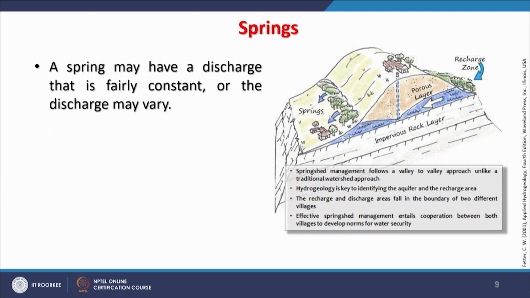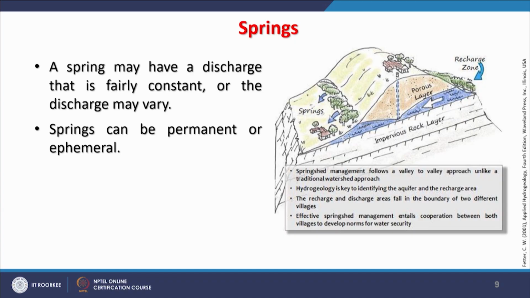of course are there. So, as said, springs will have one recharge area and of course a discharge area. So, the discharge may be fairly constant or may vary. Now, many springs in Himalayan terrain, if I give an example, are perennial, round the year you will have the water, and many are ephemeral, that is, only in monsoon time and a little later they will have water, but in the rest of the season you will not have water.